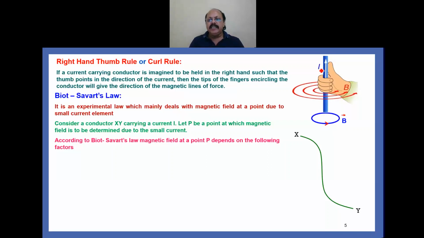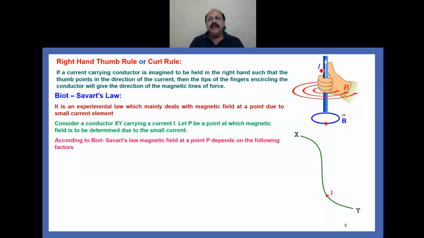If a current I is flowing through this conductor, then I dl, where dl is the length element, is known as the current element. Due to this current element, we have to find the magnetic field at a point around the conductor.